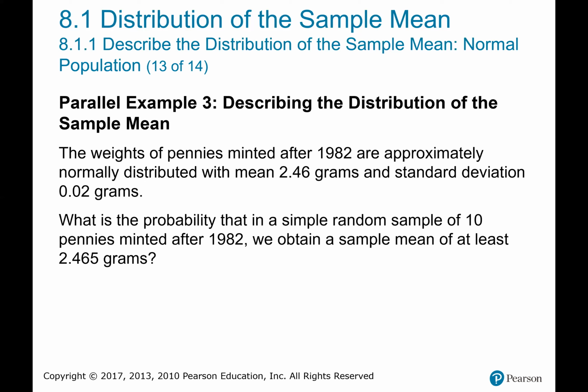What is the probability that in a simple random sample of 10 pennies minted after 1982, so that means n is equal to 10, we obtain a sample mean of at least 2.465 grams?